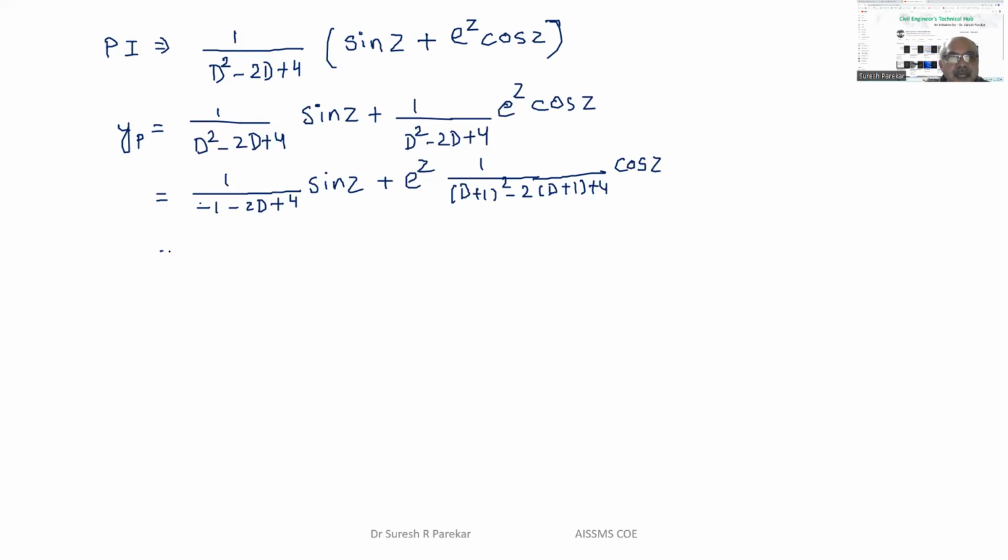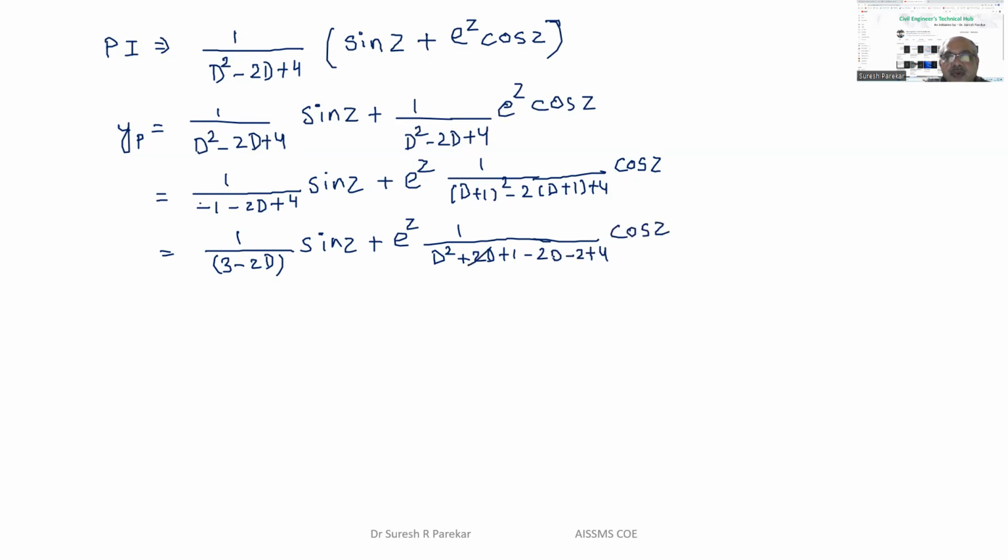Now this becomes 1 upon minus 1 plus 4, so we have 3 minus 2D, and we have to go for rationalization. Plus e to the power z. Rationalize the first term, and in the second we simplify D squared plus 2D plus 1 minus 2D minus 2 plus 4 cos z.